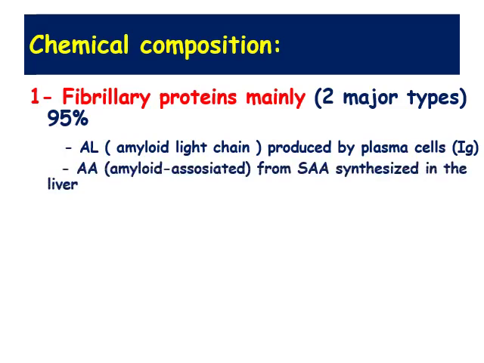The second most common type is the amyloid associated protein, which is derived from a precursor called serum amyloid associated protein. This protein is synthesized in the liver in inflammatory conditions, and when it increases, the product of its degradation, called amyloid associated protein, accumulates and forms the reactive type of amyloidosis.